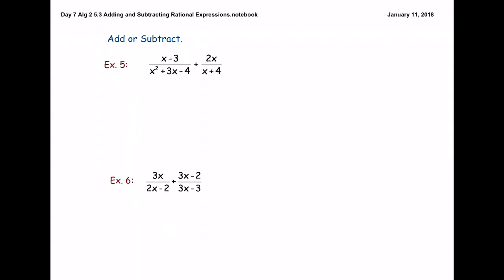So the first thing we need to do is factor our denominator. And when we factor our denominator, we get x minus 4, x plus 4, x minus 1. So we can see that this denominator over here has an x plus 4, but it's missing an x minus 1.